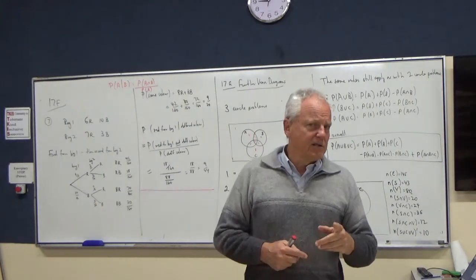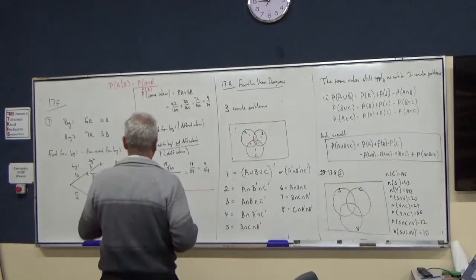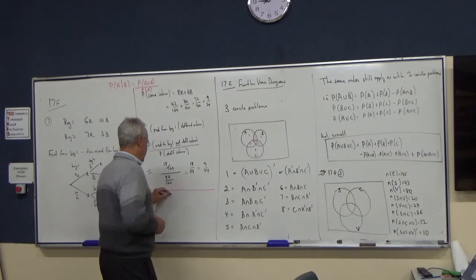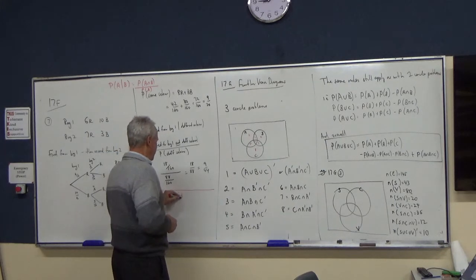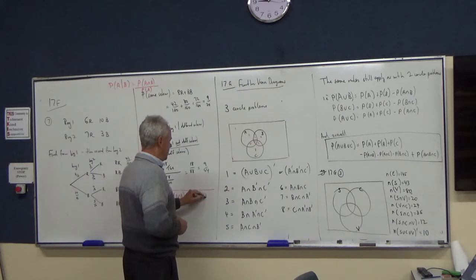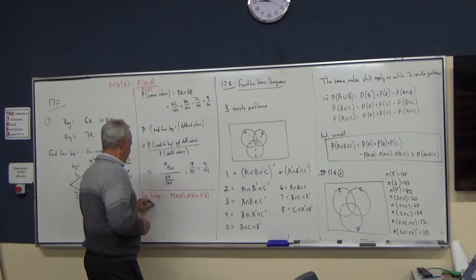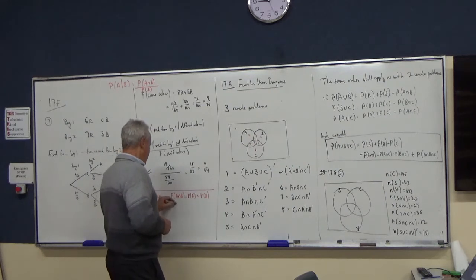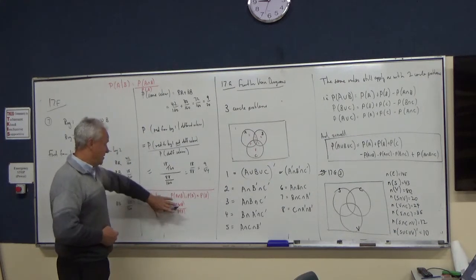Alright? So for independent events, we know the probability of A intersection B equals the probability of A times the probability of B. Alright, so the probability of A given B is the probability of A intersection B over the probability of B. That's actually not for independent yet, that's in general.